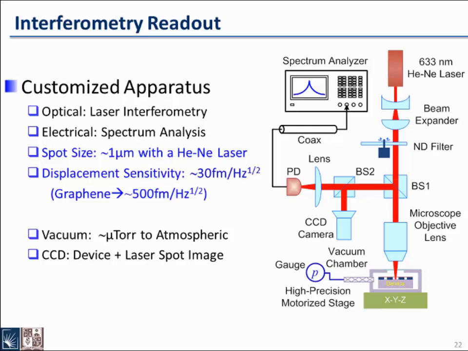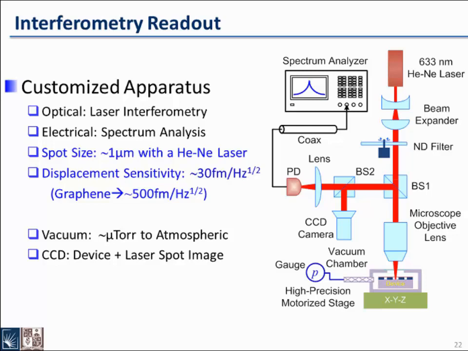There's no ultra-high vacuum. There's no dilution fridge. It's just a tabletop setup we made. But we were able to carefully engineer the spot size to be around 1 micrometer to be compatible with Raman measurement. And then we were able to demonstrate very, very good displacement sensitivity.